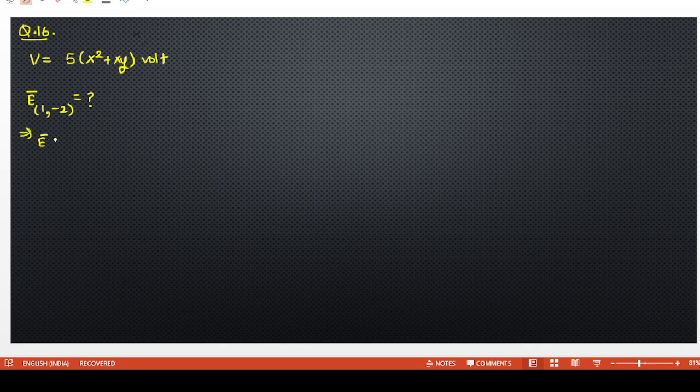Again you can write E bar is equal to minus in the bracket dou V by dou x into i plus dou V by dou y into j plus dou V by dou z into k. You can call this equation 1.